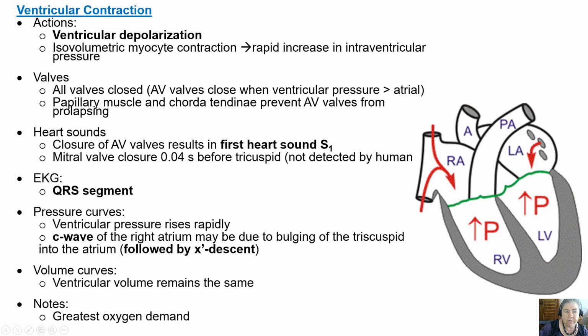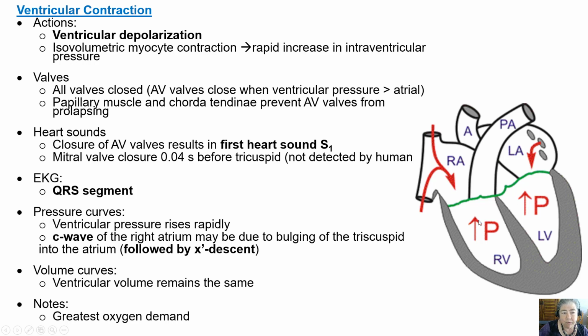The papillary muscles in the left ventricle and the chordae tendineae, and there are also papillary muscles in the right ventricle, keep the AV valves from prolapsing, meaning they keep the AV valves from opening backwards when the pressure in the ventricle is high.